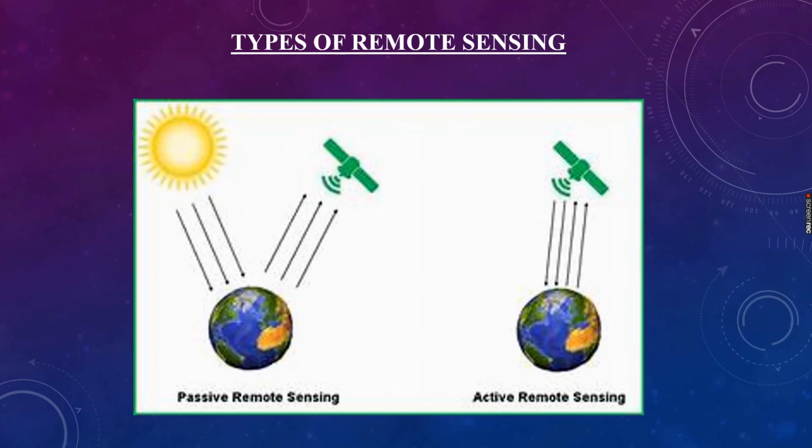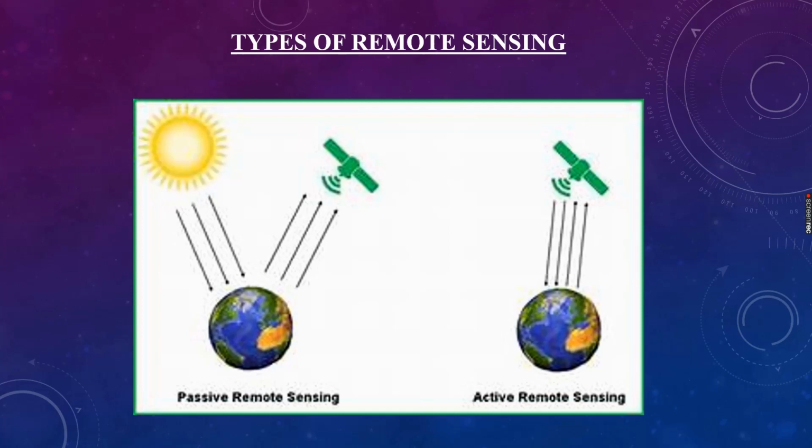So in passive remote sensing, you can also see arrows which are directed towards the earth's surface from the source of energy, and then they are again directed from the earth's surface towards the sensor. But this is not the case with active remote sensing. In the figure of active remote sensing, you can see that out of four arrows, two are directed towards the earth from the sensor, whereas the two other arrows are directed from the earth's surface towards the sensor.